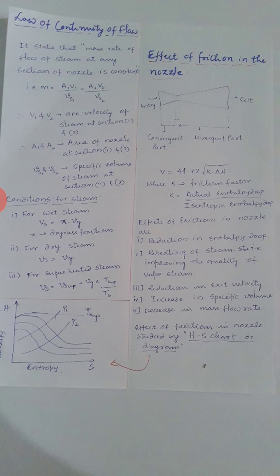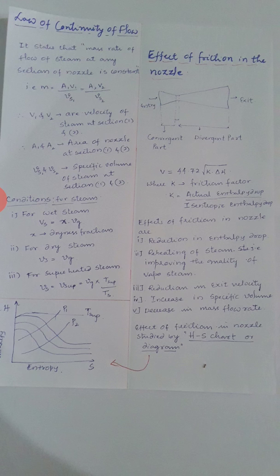The enthalpy drop is reduced because, as we know, the effect of friction is in the divergent part, due to which velocity will decrease. So pressure will drop here, due to which energy will drop, which leads to a reduction in enthalpy drop. Second one, reheating of the steam, which improves the quality of steam.